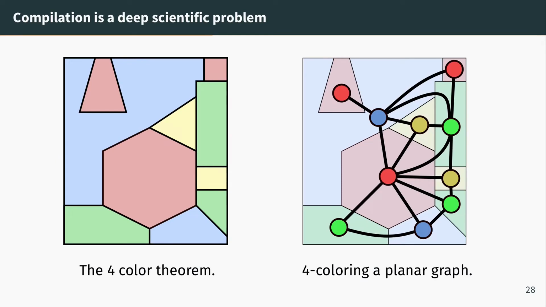So this problem is not just any computer science problem, it's not easy, it's very deep. For instance, it's extremely related to the graph coloring problem. Maybe you've heard about the four-color theorem. People talked about it especially 10-15 years ago.